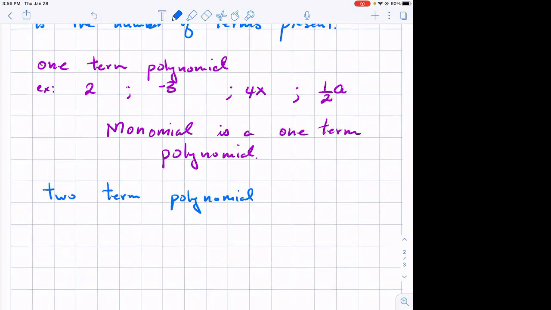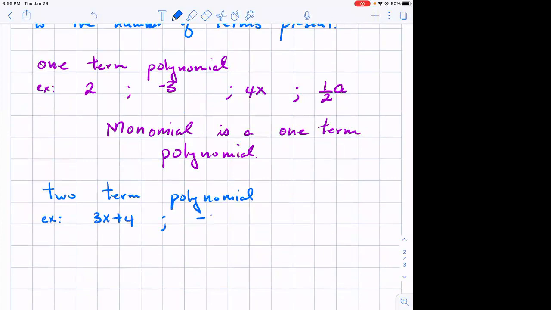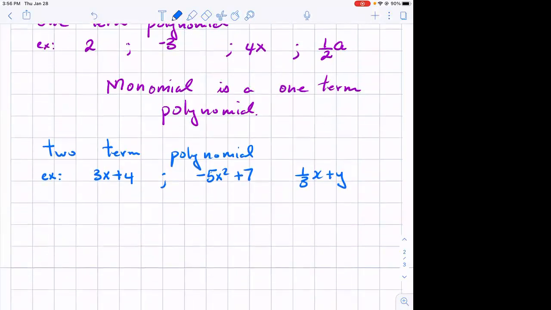So a two-term polynomial, for example, will be 3x plus 4 or minus 5x squared plus 7. Okay? Or 1/3 x plus y. And for a two-term polynomial, these are called binomial.